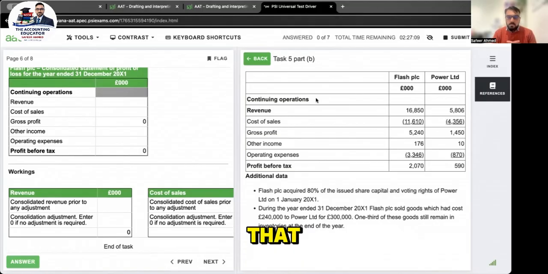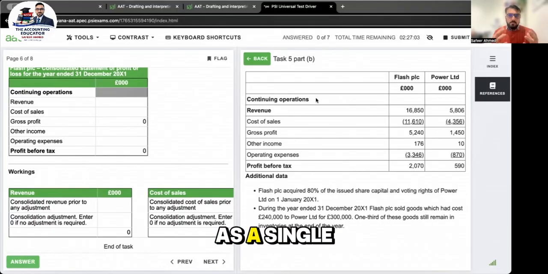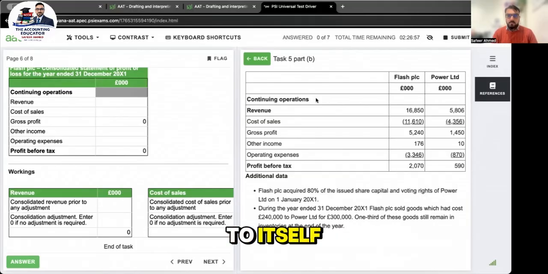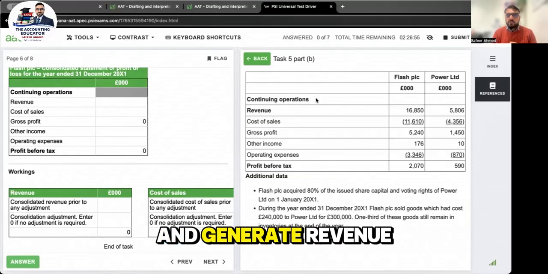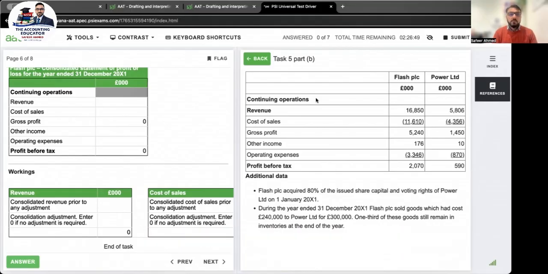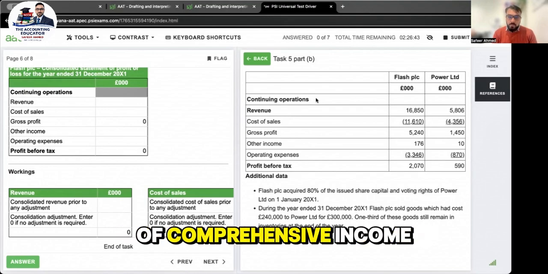And why is that? Because we treat the whole group as a single entity, as a single company. And one company cannot sell something to itself and generate revenue. So that's the reason we must remove the intercompany sales from the total revenue that goes into the consolidated statement of comprehensive income.